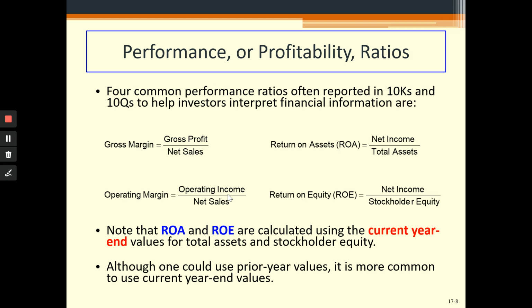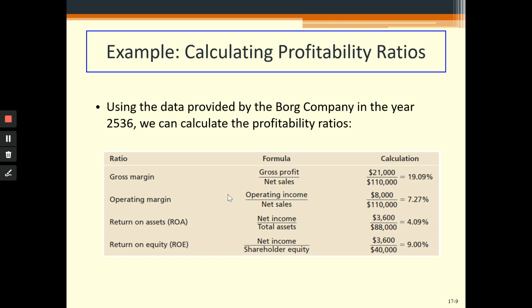So this is the profitability ratio for the Borg Corporation for the year 2536. The gross margin is gross profit divided by the net sales, which is 19.09%, because the company's gross profit is 21,000 for this year and the net sales was 110,000.